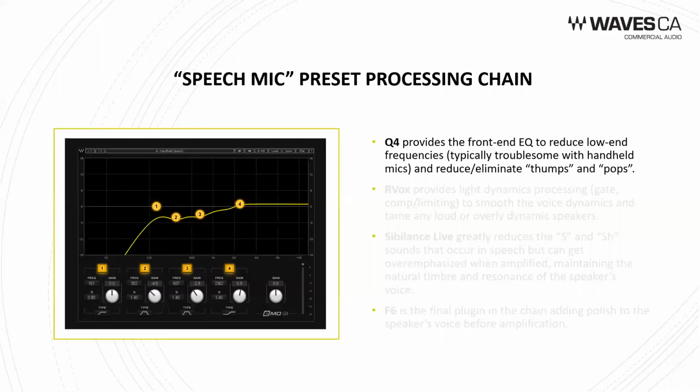It does not color the sound at all. And it's used to roll off some of the low-end frequencies. These are things that are pretty typical on handheld mics. The rumble that you get, if it's a table mic, some of the sounds that the mic may hear, such as thumping on the table. So it will reduce those sounds right at the front end of the processing chain.